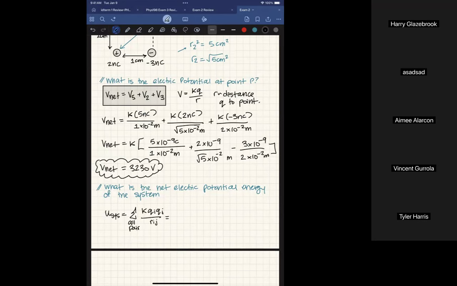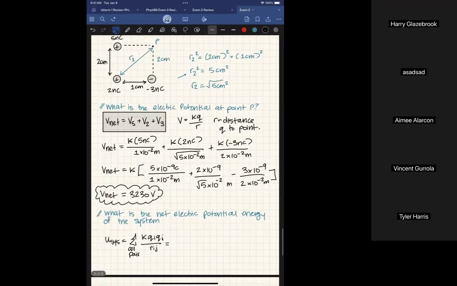All that means is, in this case, we're going to have the potential between, let's say, particle 5 and particle 2. That's going to be added to the potential between particle 5 and particle 3. That's also added to the potential between particle 2 and particle 3.